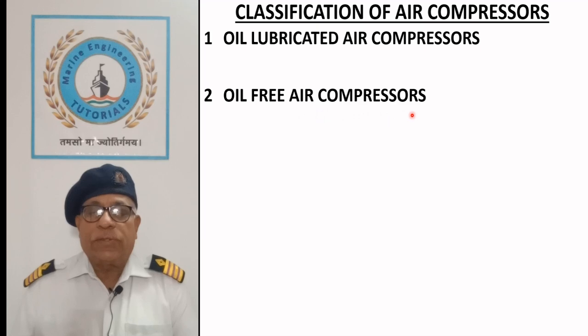Oil-free air compressors. When air is used for control system, both the oil and moisture are undesirable and must be removed. Thus, an instrument air compressor is made oil-free, where bearings are lubricated by grease and piston has Teflon rings which have self-lubricating properties.